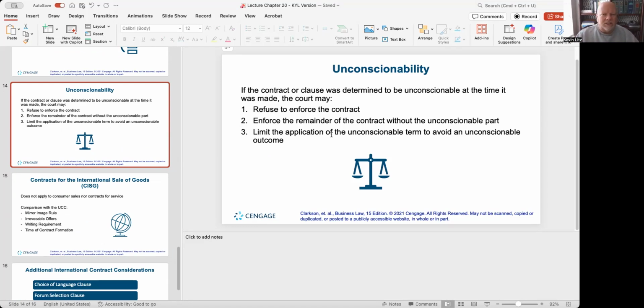Well, if a judge says this term is really so unfair, he can refuse to enforce the entirety of the contract. He might just take out that one paragraph that is unconscionable or unfair. Or he might say, we'll apply that term, but only in a fair way.